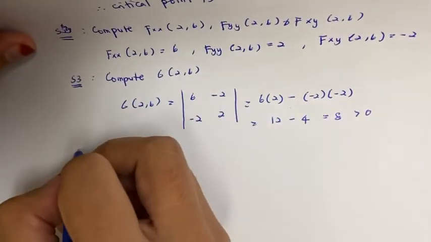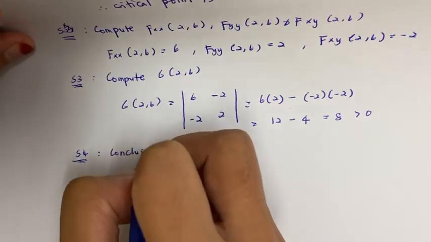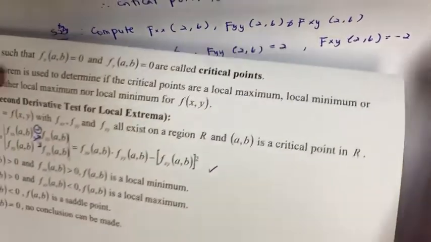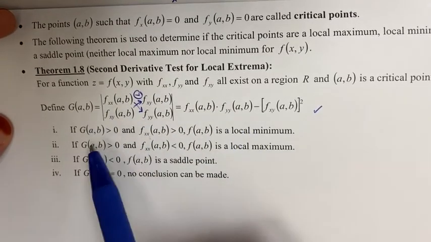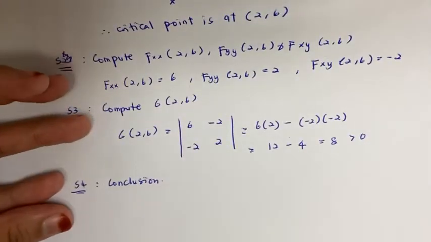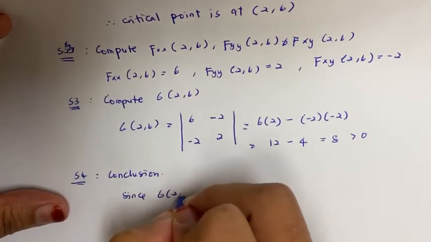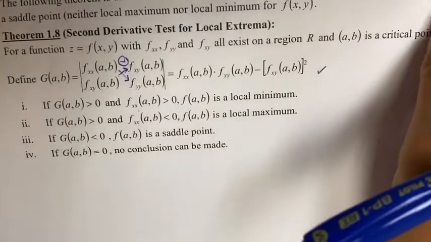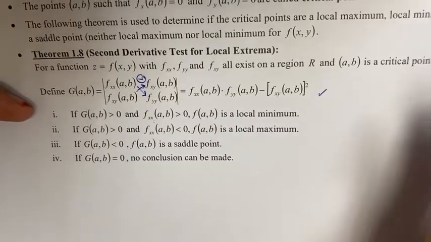The last step, step 4, is for the conclusion. We refer to theorem 1.8, the second derivative test. For the second derivative test, you need to check your G and your fxx. In our example, since G at 2, 6 is greater than 0, it is either a local minimum or local maximum.